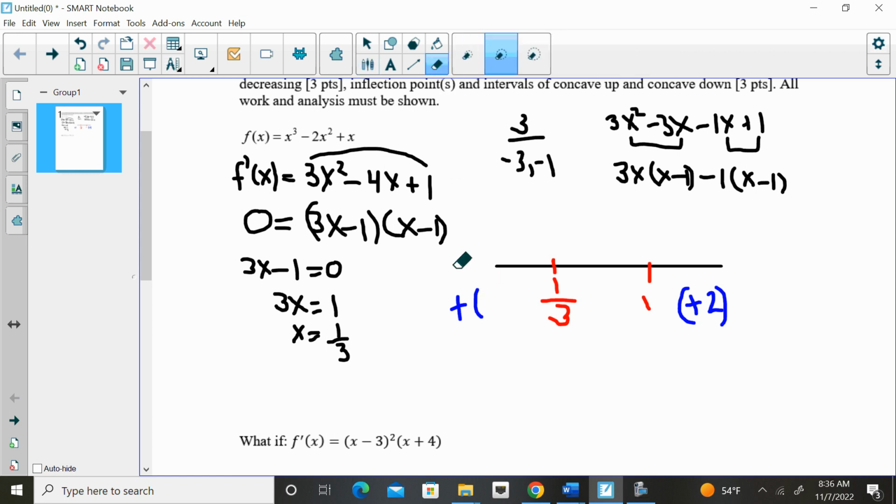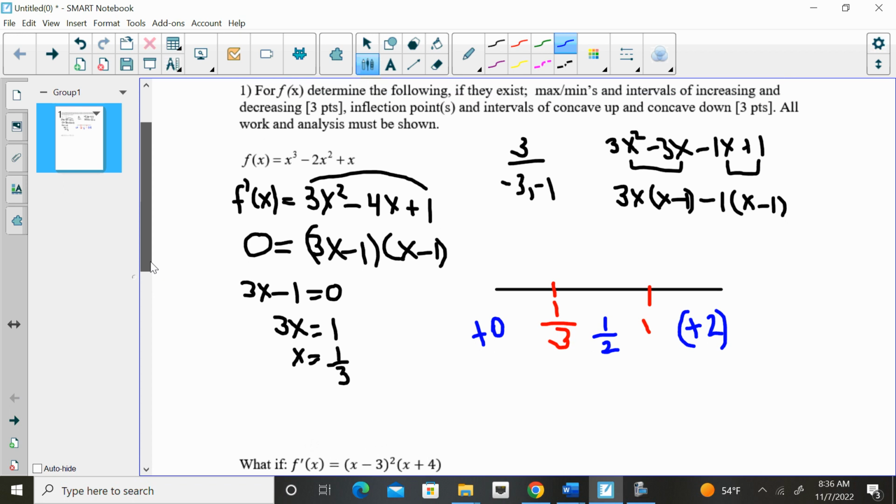I love testing 0. What's in between 1/3 and 1 that would not be so bad to work with? 1/3 is 0.3333, so something common between 0.333 and 1. How about I test 1/2?